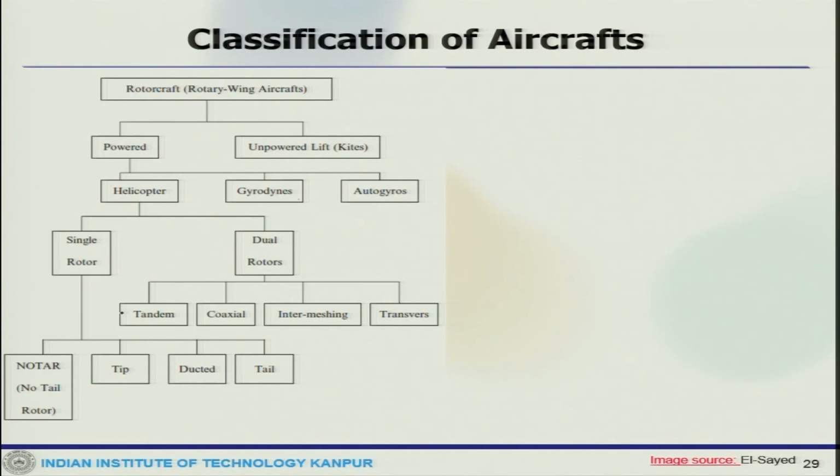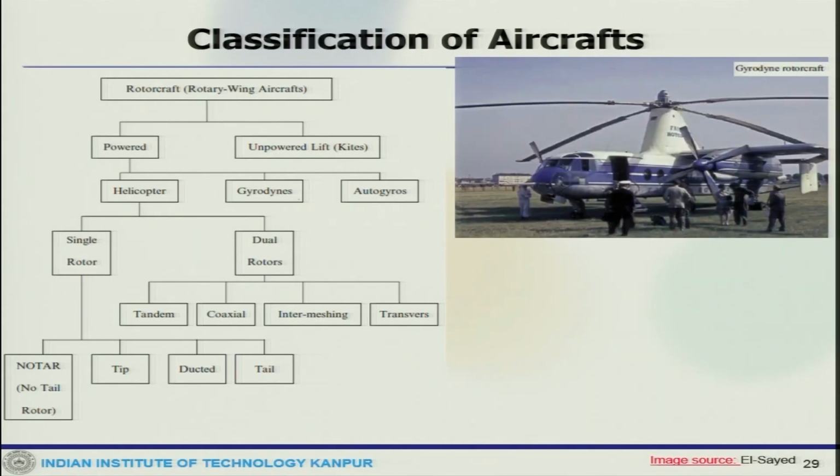Now, this is an example of a gyrodyne, which is a rotorcraft with a rotor system that is normally driven by its engine for takeoff and landing, hovering like a helicopter. Its forward thrust is obtained from a separate propulsion device. Usually, two propellers are mounted on the tips of the short wing.